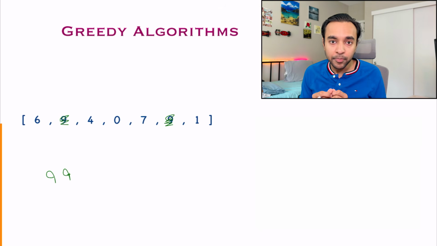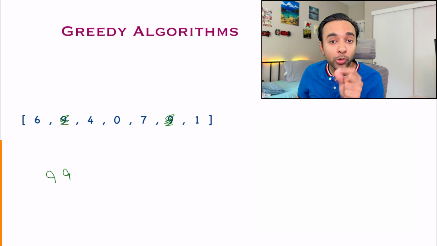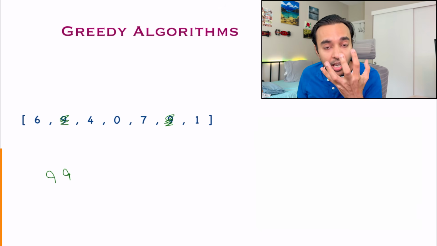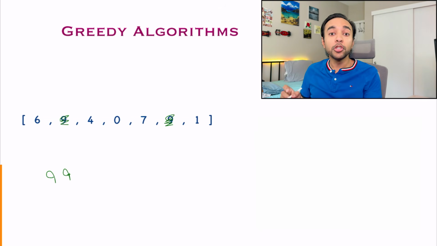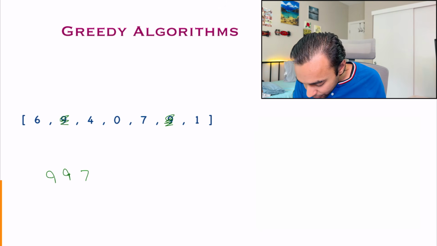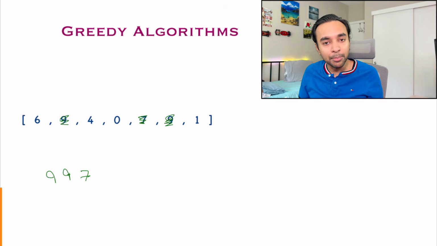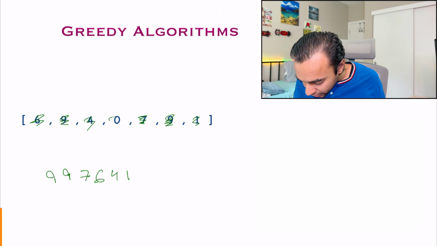What is happening over here? After each iteration, your sample space is reducing and you are using the same technique to pick up the optimal solution. Once again, from this sample space, you will pick up the maximum integer that you can find. So this time you will find a 7 and you remove this from your original sample space. Similarly, then you will get a 6, then a 4, then a 1, and then a 0.